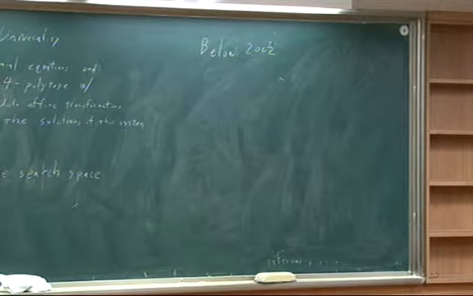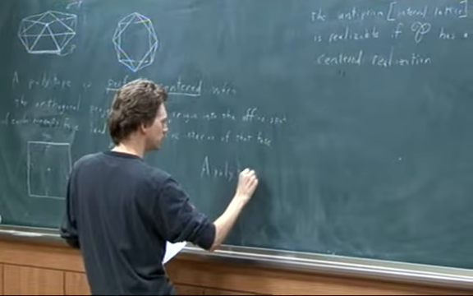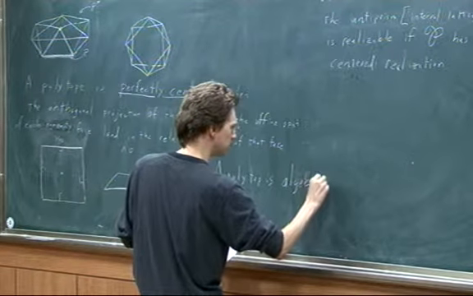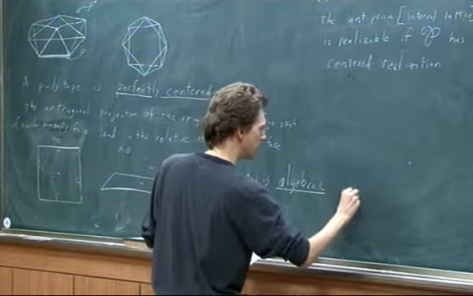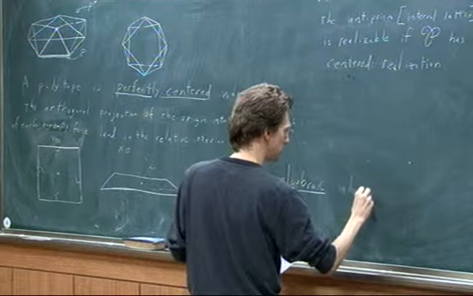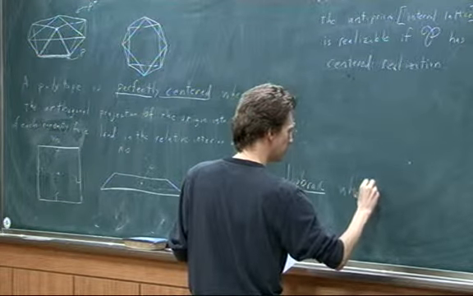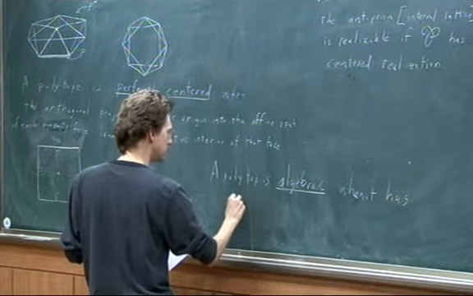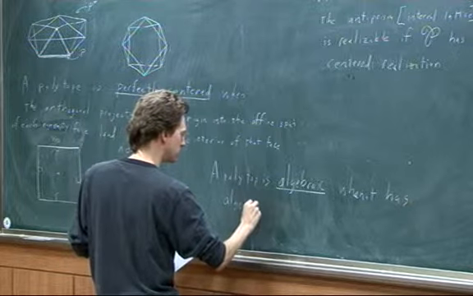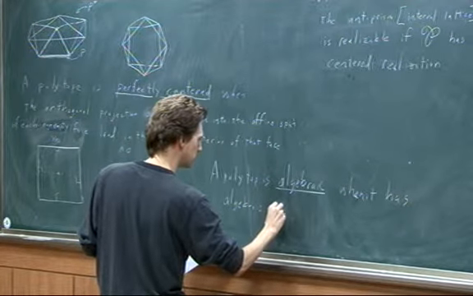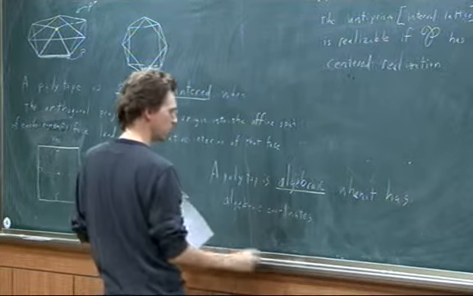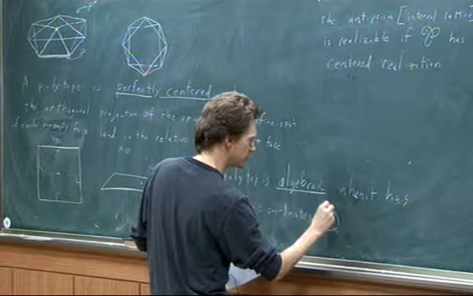Right over here. I'll say a polytope is algebraic when it has algebraic coordinates. Right, and here I mean the algebraic completion of Q.